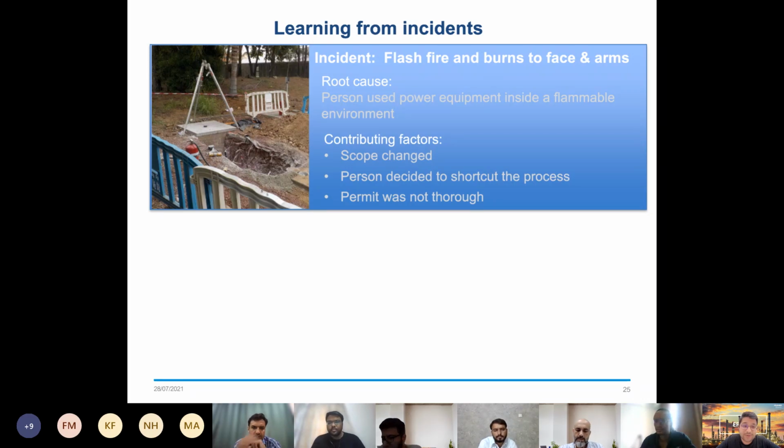Maybe the activity came closer to the end of the shift or the day, where the team decided to expedite the work progress without having adequate controls. The permit was not detailed and thorough enough. People did not walk the line prior to issuing the permit, identifying all the risks and hazards. So all these things could have been the root cause or contributing factors of the incident.